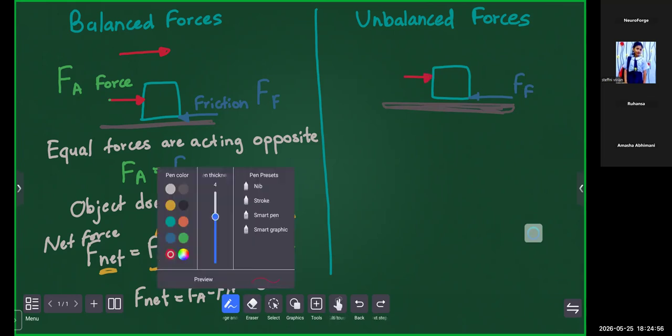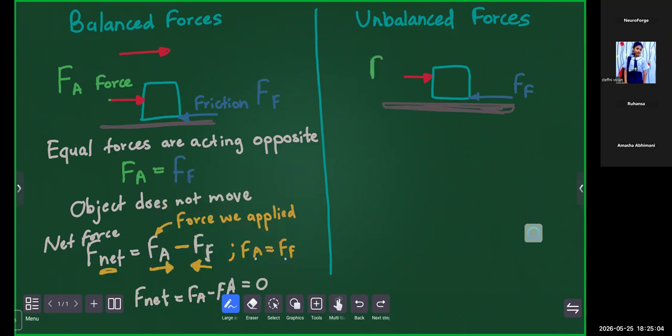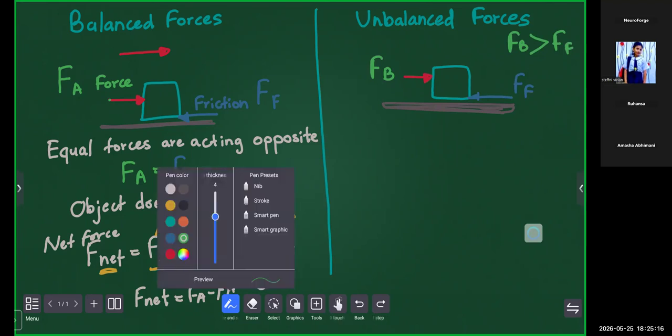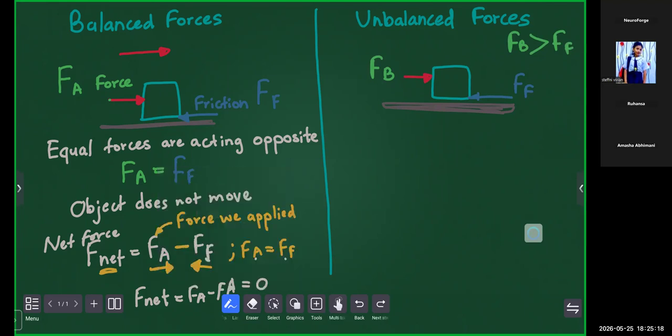This time I don't take FA, because previously FA equals FF. So I will take the value as FB this time, and FB is greater than FF. It is greater than the frictional force, so I will draw a big arrow here. This is greater than the previous FA. Now what will happen?